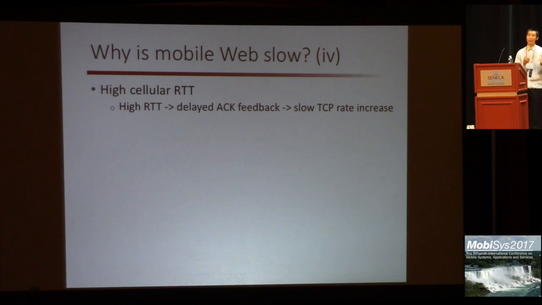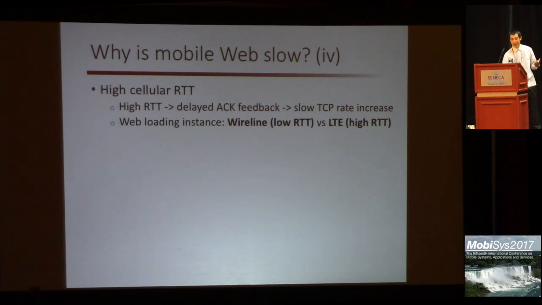Meanwhile, the high round-trip time of the cellular link also slows down bandwidth provision. Because of the high round-trip time, the ACK packets from the remote peer will be delayed, and that will also slow down the exploration of the bandwidth.